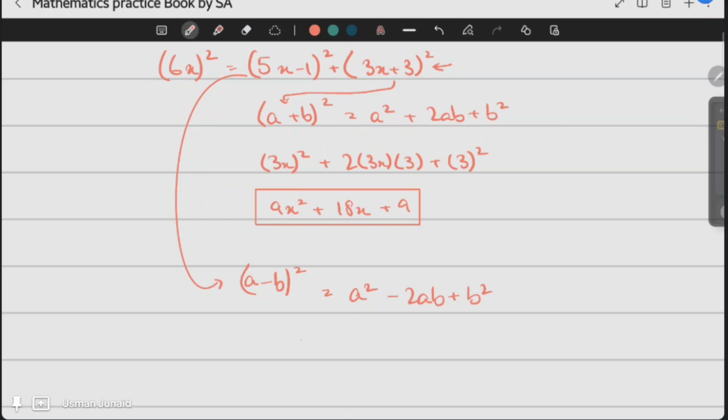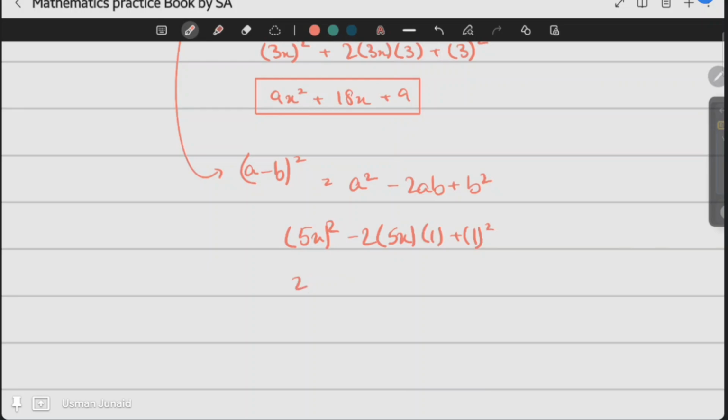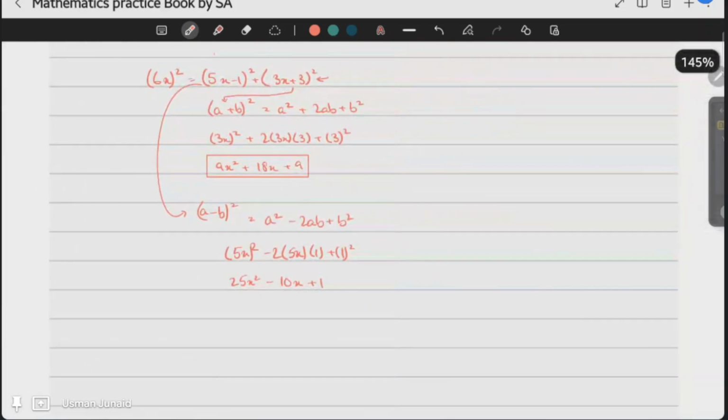So this will look like 5x whole squared minus 2 bracket 5x bracket 1 plus 1 whole squared, which will look like 25x squared minus 10x plus 1. So this is the expansion of this term. Okay, sir.